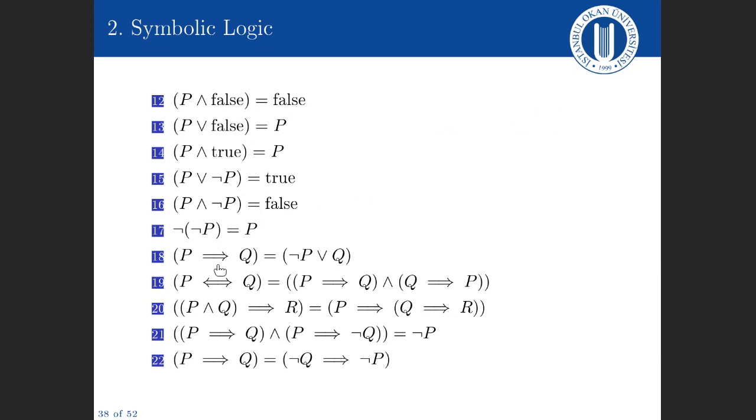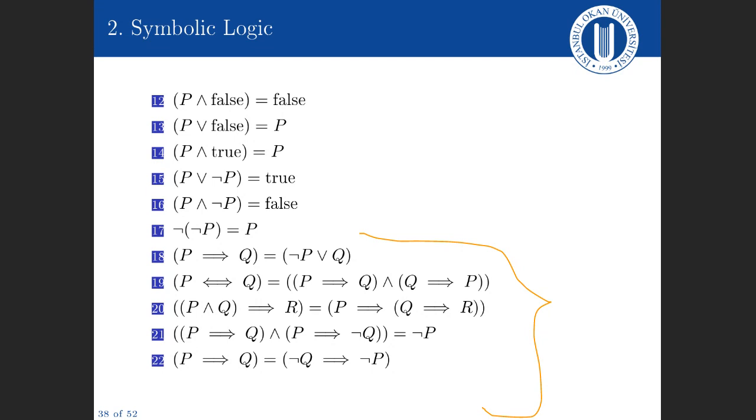And this is where things get a little bit more complicated. P implies Q, in fact, is the same as not P or Q. P if and only if Q is the same as P implies Q and Q implies P. P and Q implies R is the same as P implies Q implies R. P implies Q and P implies not Q is the same as not P. And number 22, which is the contrapositive identity, P implies Q is the same as its contrapositive.